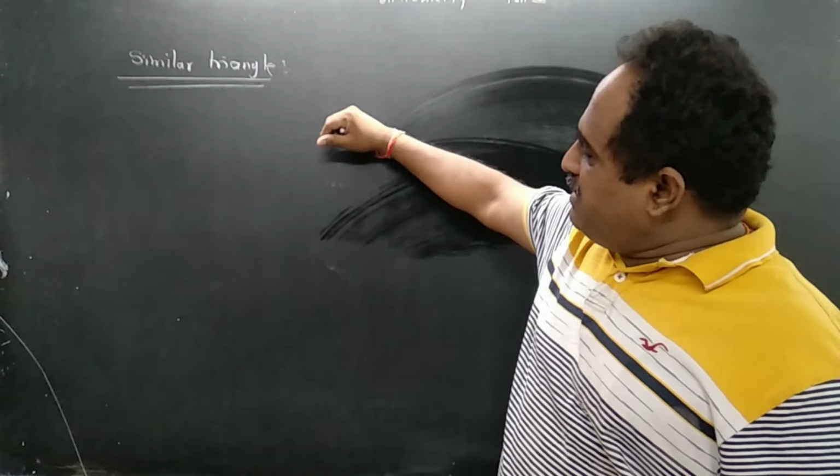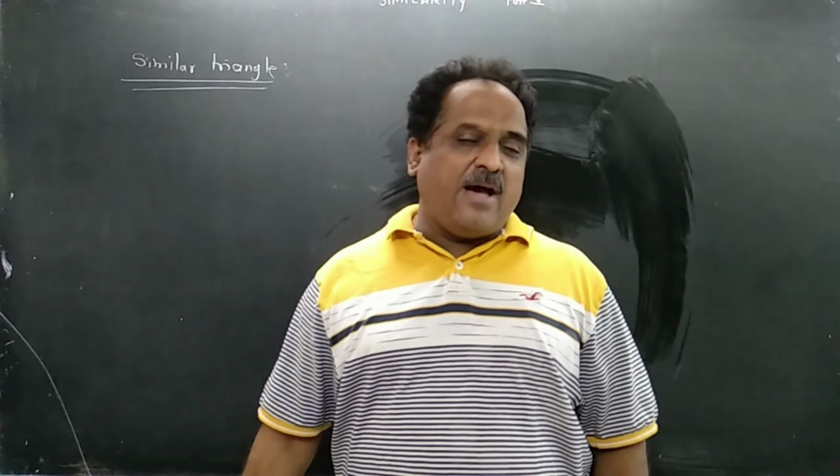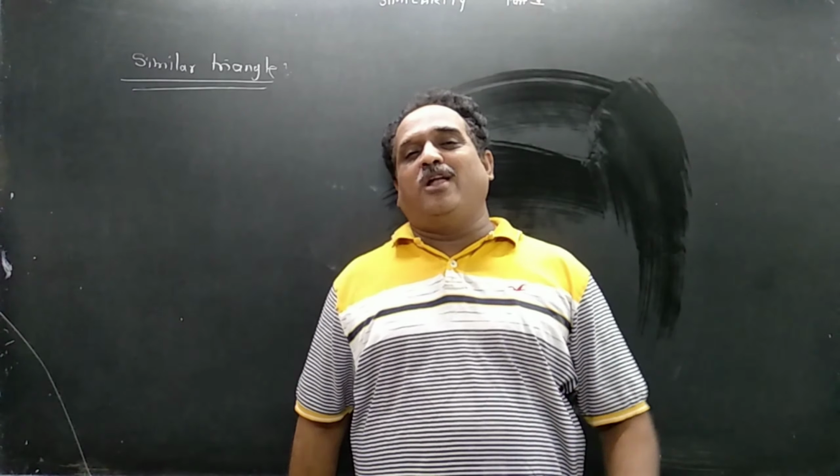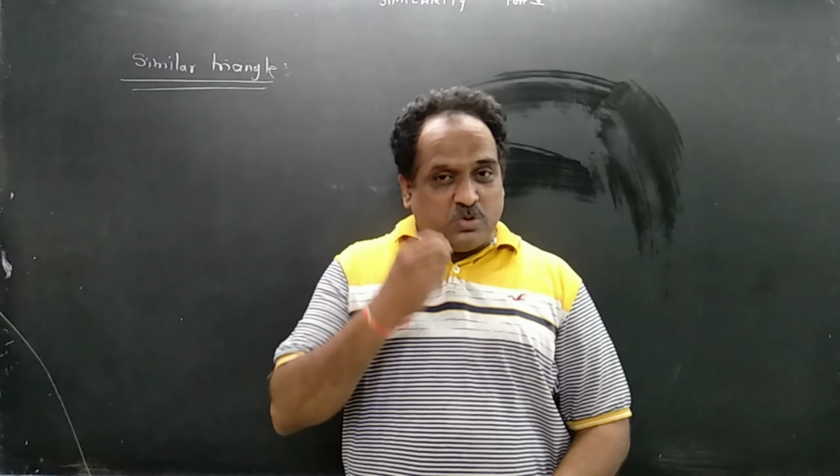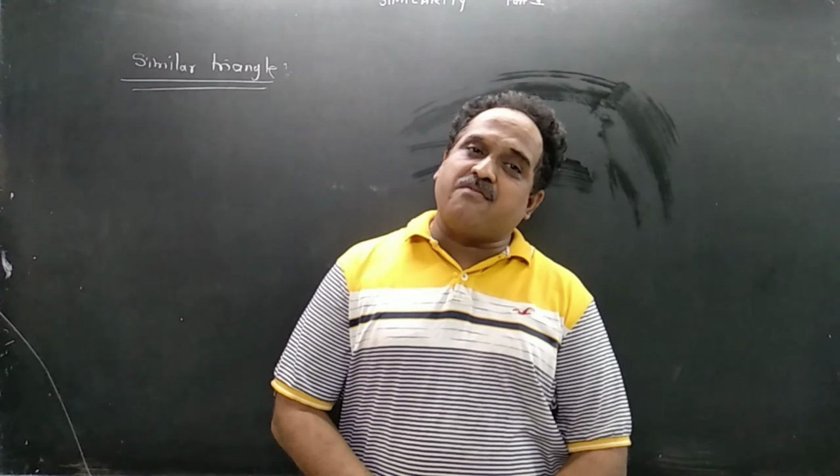But in similar triangles, in some family you'll see that the younger brother and the elder brother look the same. So those figures are called what? Similar figures.